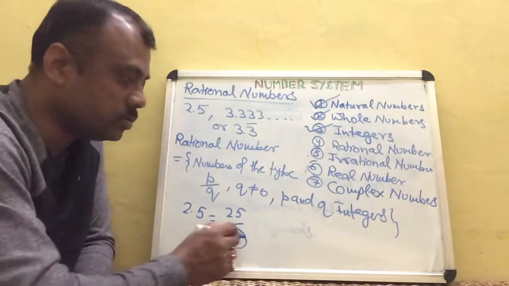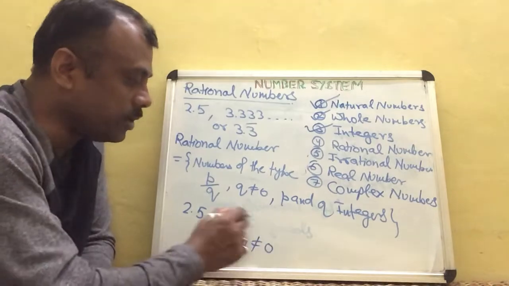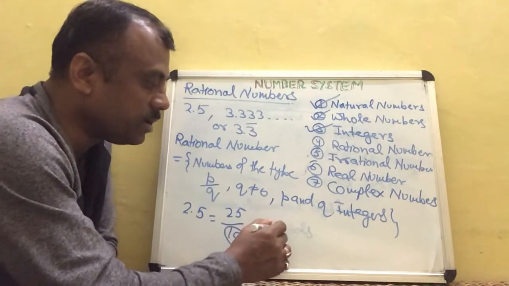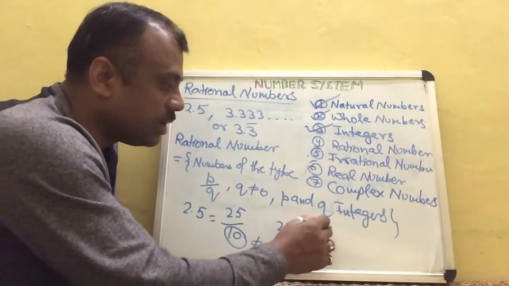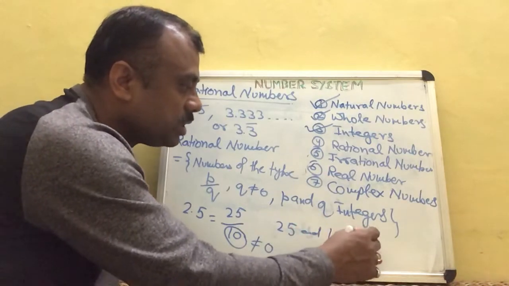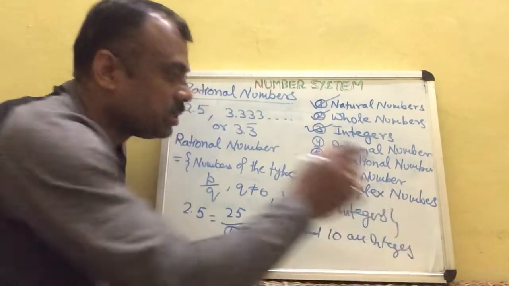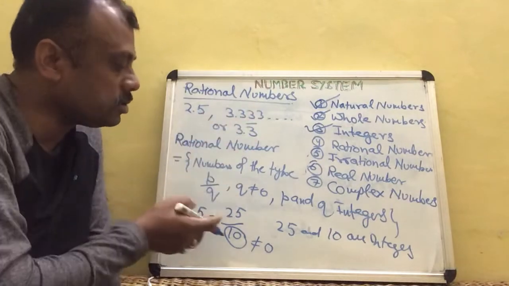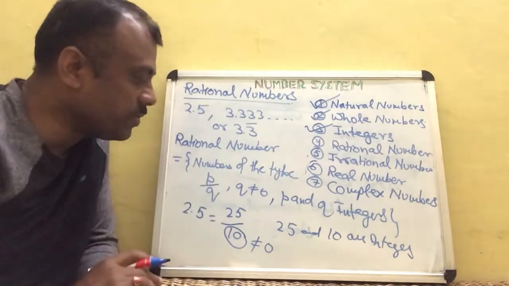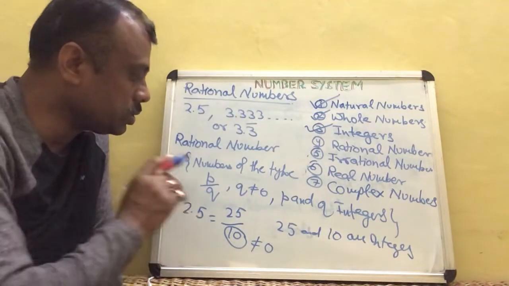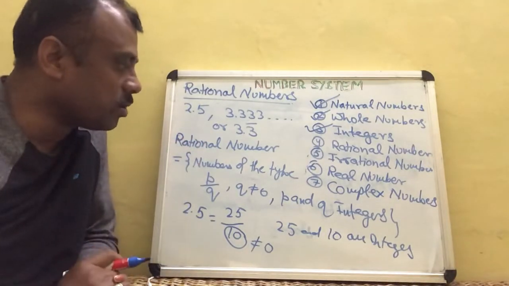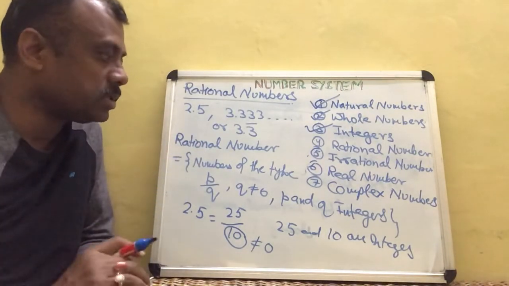The denominator is not 0, and 25 and 10 are what? Integers. Similarly, this can also be represented in the p by q form. So these types of numbers are called rational numbers.